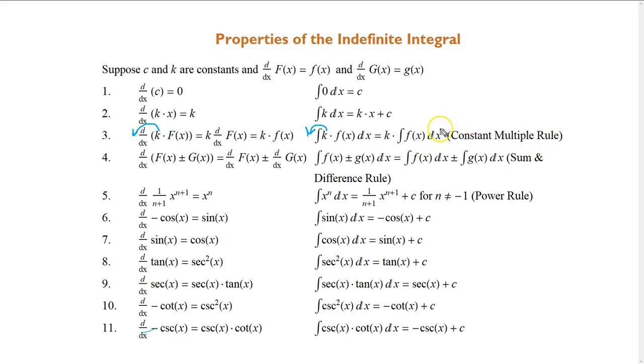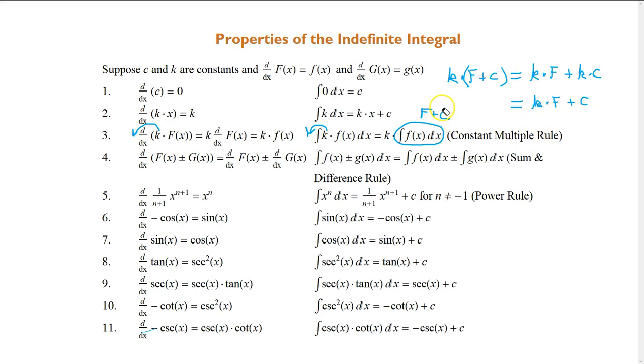So you can think of this as being your capital F plus c, and so if you multiply this by k and distribute the k, you get k times F plus k times c, but k times c is just another arbitrary constant, so we can write that as k times F plus some other constant, and we'll just call it c once again.